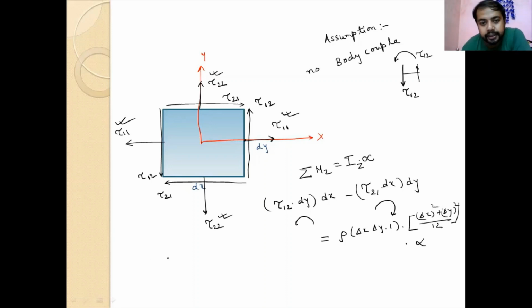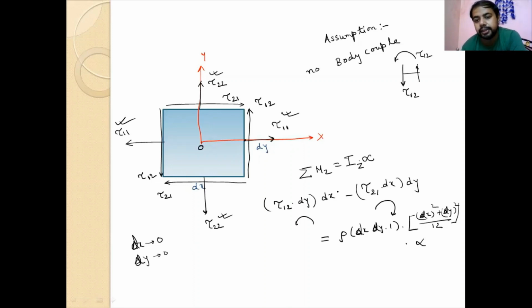Now the stress is a state at a point. That means this fluid element converges to a point. If we take the fluid element and converge it to a point, that means dx tends to 0 and dy tends to 0, so the total element converges to a point about the origin.